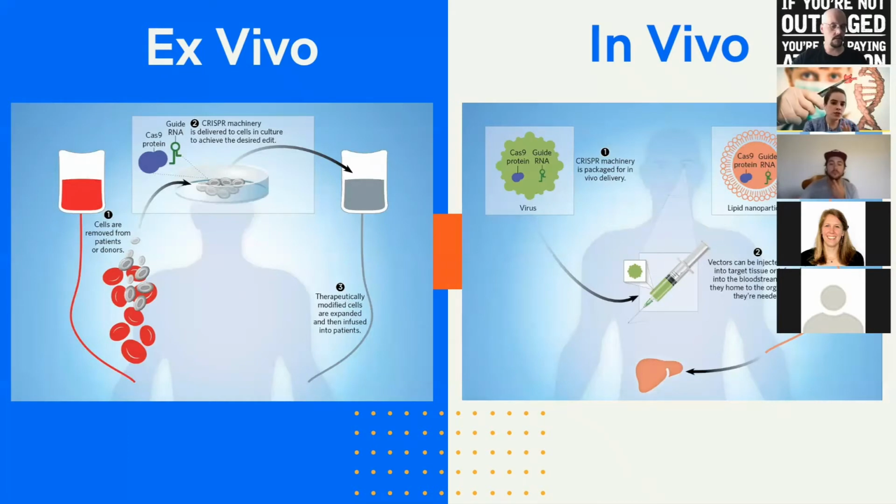So once you've selected either of these two vector types in the in vivo process, either the lipid nanoparticle or the virus-based vector, you're able to deliver, again, that CRISPR-Cas9 to the targeted cells or tissues within the body.